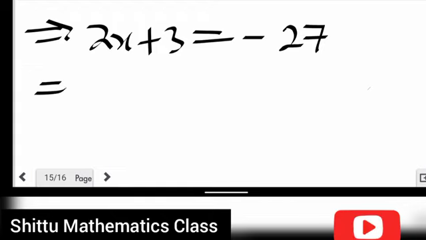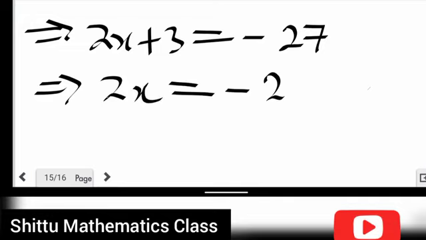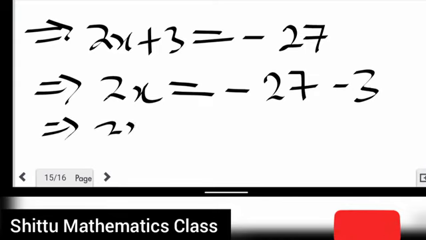Now from here we make the first term the subject of the formula, that is 2x equals minus 27 minus 3. So 2x equals minus 30.